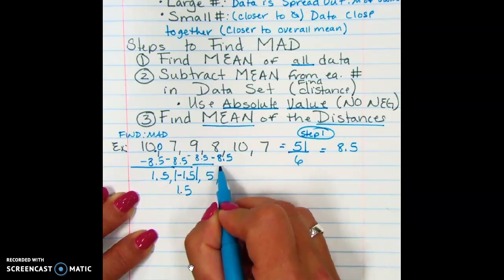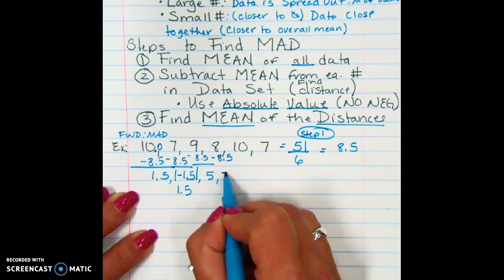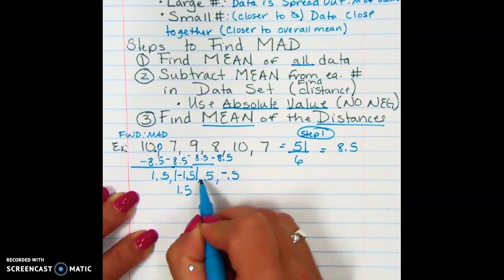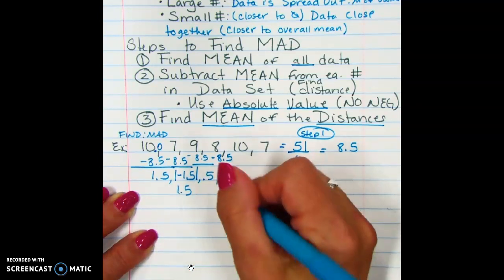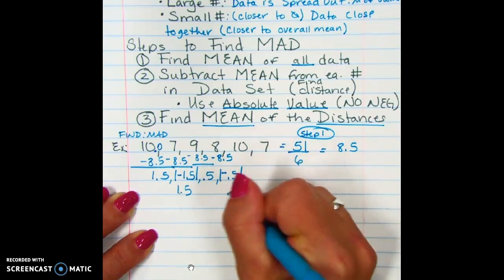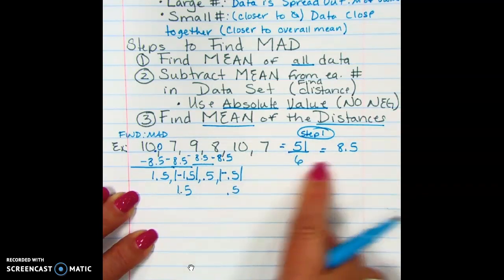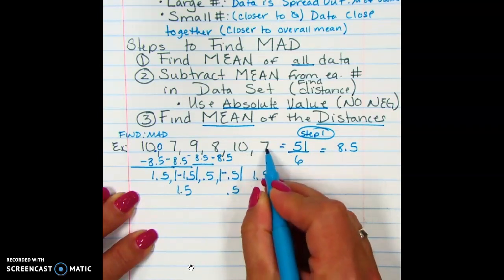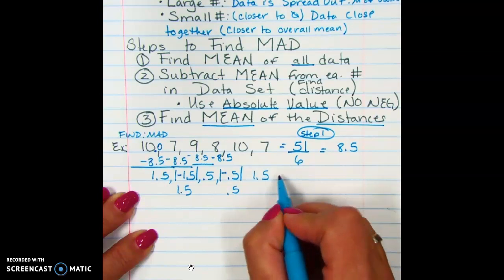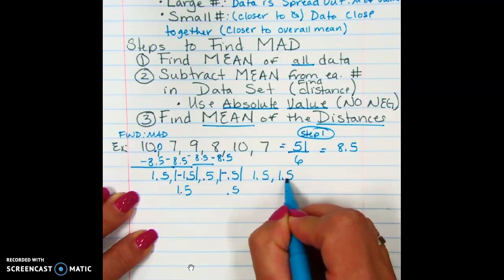Now, I'm going to end up with a negative 5/10, which ends up having to be a 5/10. So basically, I can look at this and say, well, that would be 1 5/10. This would be a negative 1 5/10, and as the absolute value, would be 1 5/10.